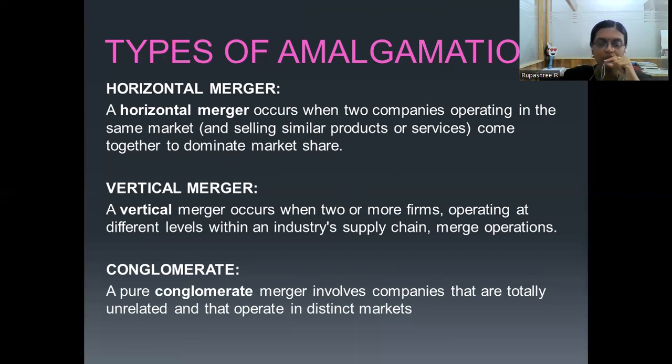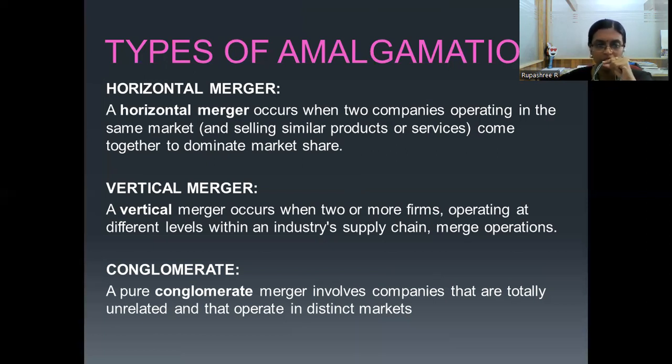Now, the next type that we have is a vertical merger. What do you mean by a vertical merger? When two companies belonging to different levels within the same industrial supply chain merge together, we call it a vertical merger. That means the nature of business of these two companies might be different, but these companies could help each other in order to improve their business operations.